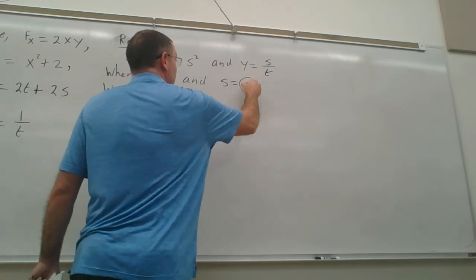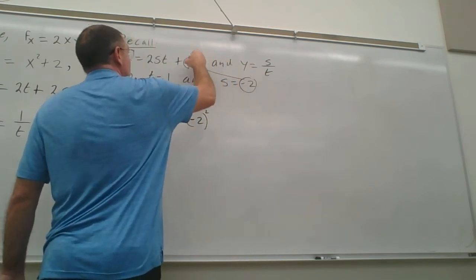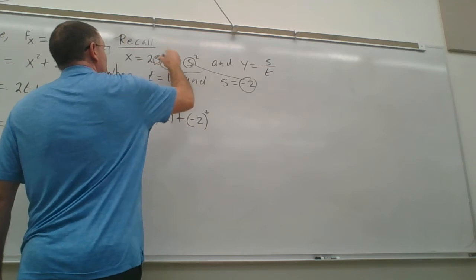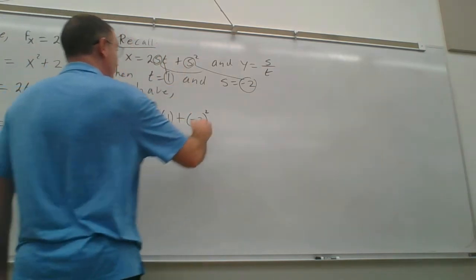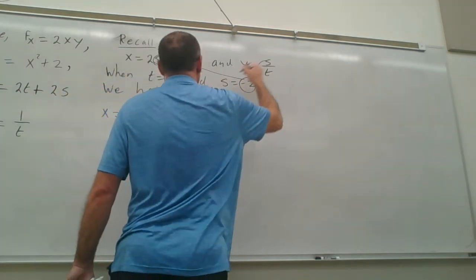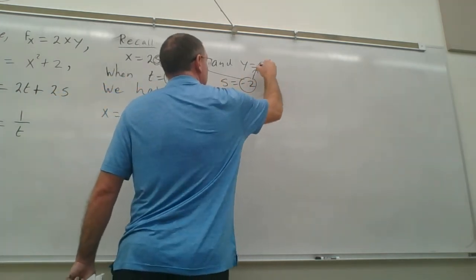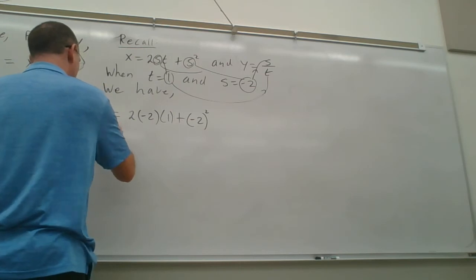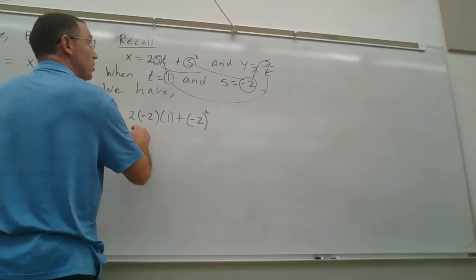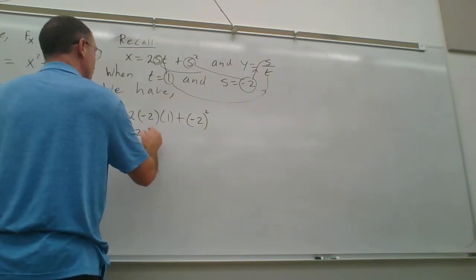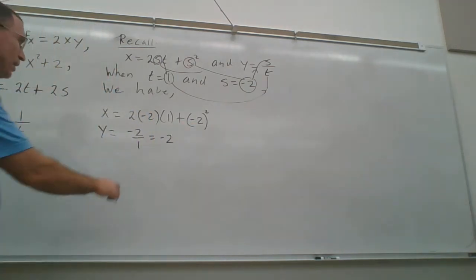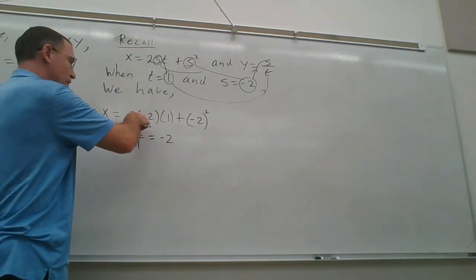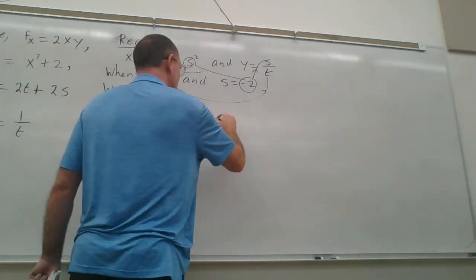I'm putting 1 in place of t and doing the same with the y, putting s there and 1 there. y equals minus 2 over 1, which is minus 2. The top one is negative 4 plus positive 4, so x is 0.